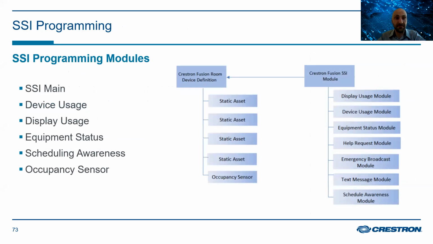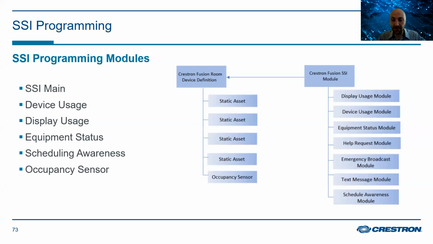There we go. So the standard, real brief. We have a main SSI module responsible for connecting to our Fusion room symbol within the program. And this main module will connect to all of the sub-modules, sub-SSI modules that offer all of the functionality. We also have the asset programming model fully explained within the guide.